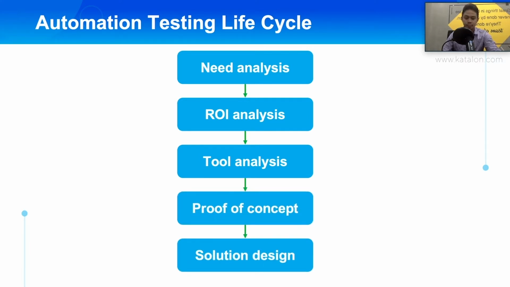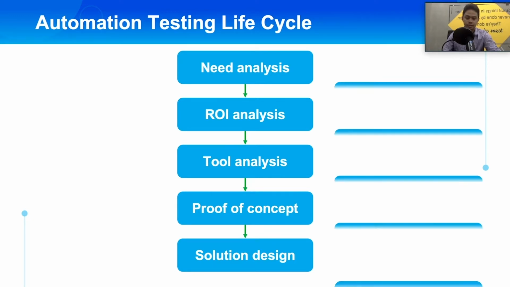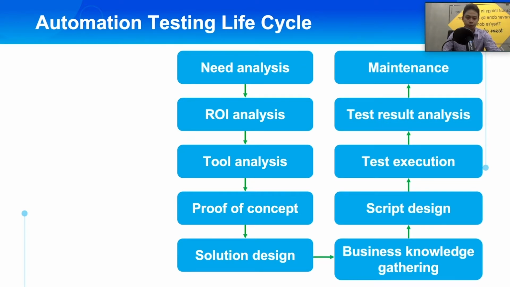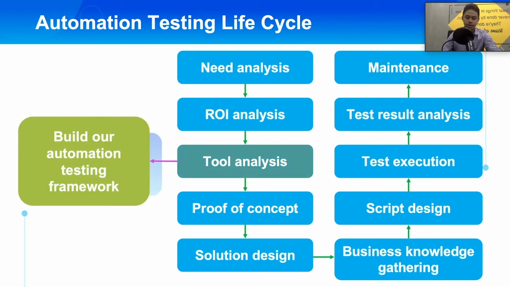After passing the POC, we go to the solution design step. So this is the high level task. After that, we go to more detailed tasks such as business knowledge gathering, test scripting, test execution, test result analysis, and maintenance. So let's take a look at the tool analysis step.